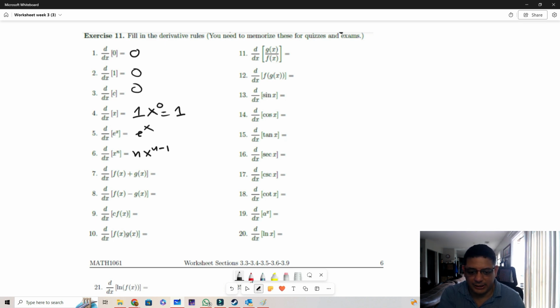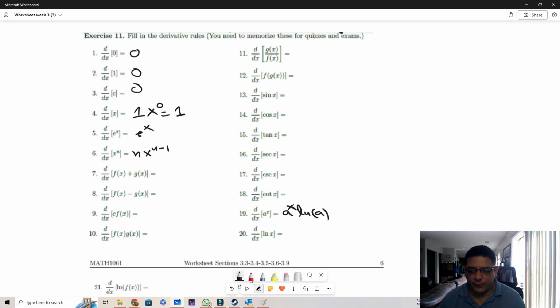So for example, in the case of a to the x, the base is the number a, and so the derivative is a to the x times log of a. That's the derivative of this particular exponential, and the exponential base e is just e to the x.